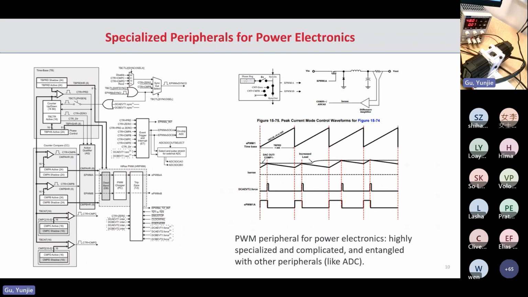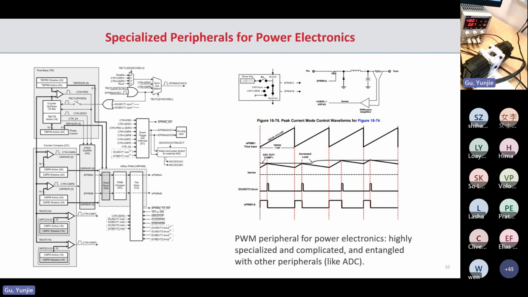For example, in this picture, we show what we call peak current mode control. The idea is to turn on the transistor until the current reaches some peak value, and then turn it off.